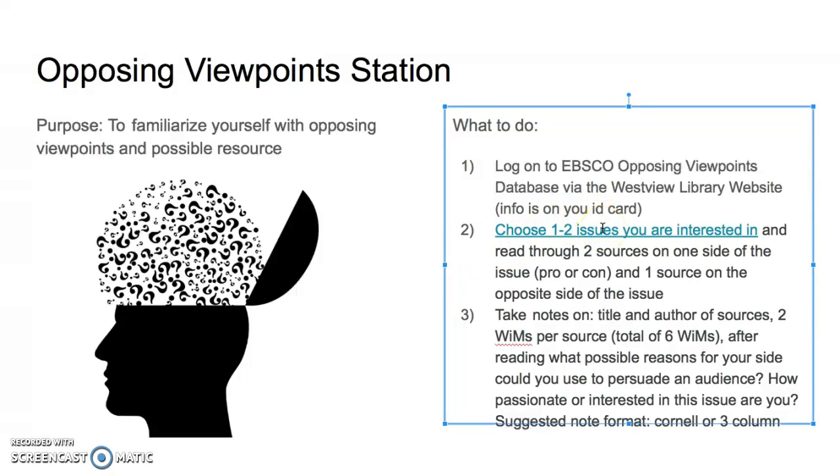So you'll want this PowerPoint open in another tab as well, so you can get here from our class Google Calendar. So what you're going to do is choose 1, maybe 2 issues if you have time that you're interested in to practice researching, familiarize yourself with the resource, and if you haven't requested a topic yet, eventually request a topic. So let's go ahead and take a look at that list.